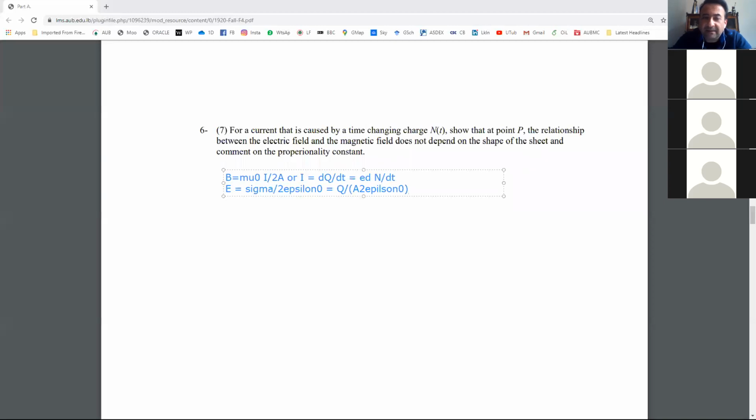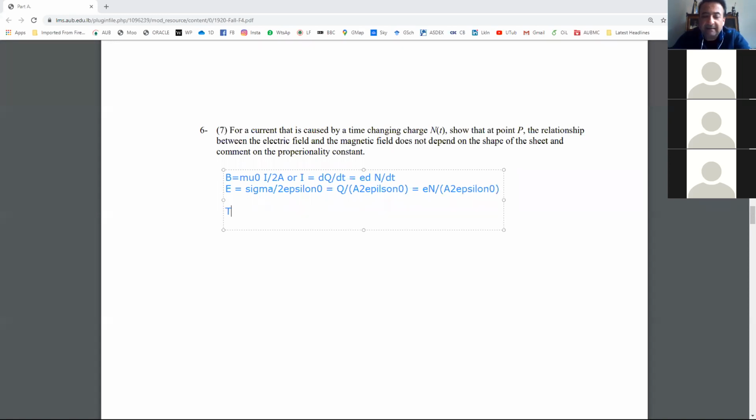Okay. Consequently, if I take the time derivative of E, now let me write it as equal to small e multiplied by n, that's my total charge, divided by the area A divided by 2 epsilon 0.